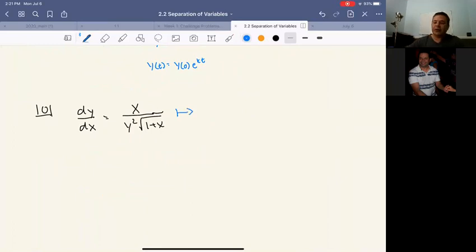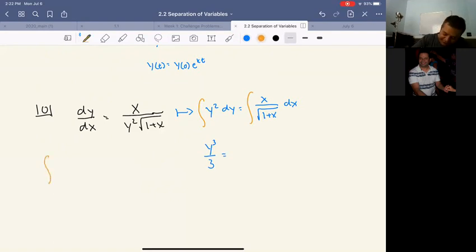Okay, so we're going to go ahead and put all the y's on one side, all the x's on the other. So we get y squared dy equals x over the square root of 1 plus x dx. Okay, integrating. The left-hand side becomes y to the third over 3 equals this integral. Let's do this integral off to the side.